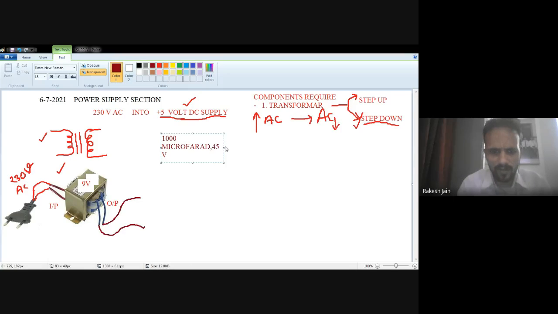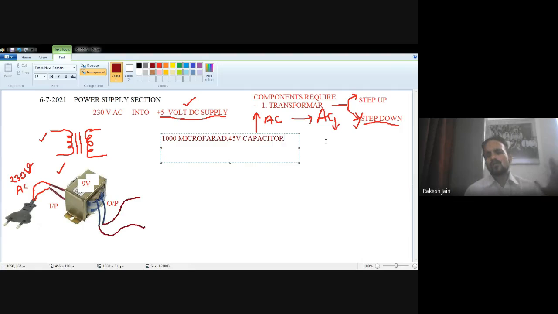First understand how to build the circuitry, then you can ask me if you have any question. So, a 1000 microfarad, 45 volt capacitor.